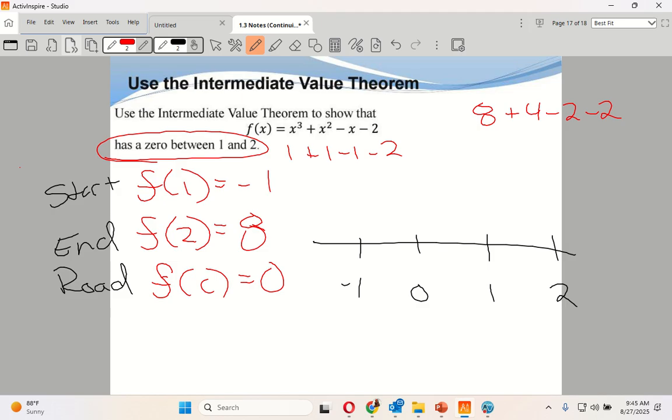Is it possible, not on this one right here, but if I start off at 1, being right here is negative 1, and 2 is at 8, which would be way up here, here's my 0 that I'm looking for, that's my line, that's my road, because you're going to see some that are going to be like this, and it's going to tell you it crosses more than once.